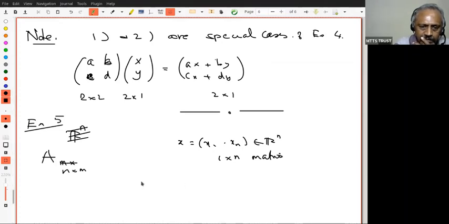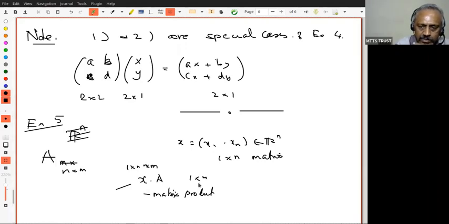Right? Therefore, if you give me a matrix A, which is n cross m, what kind of multiplication makes sense? Only this multiplication makes sense. This is a matrix product. This makes sense because this is 1 cross n, this is n cross m. Therefore, the result will be 1 cross m. Therefore, where does it live?